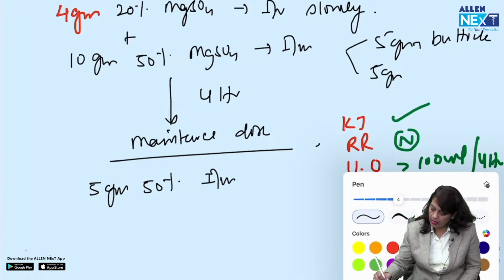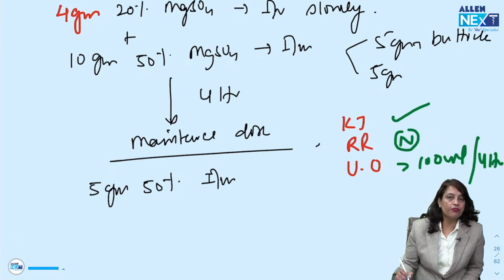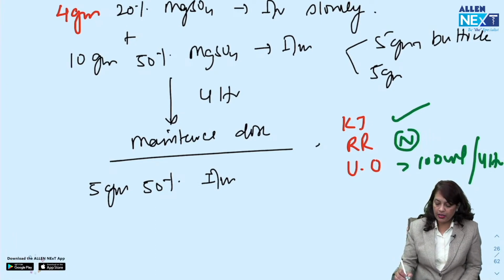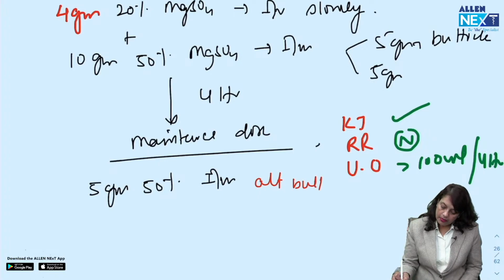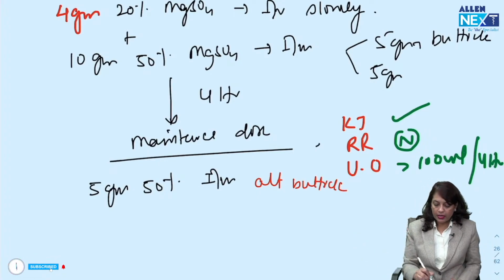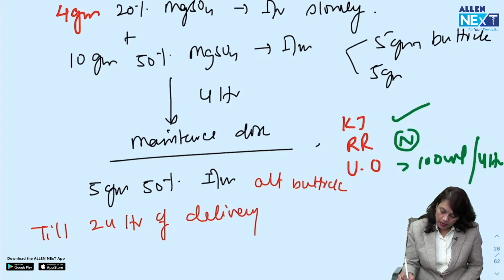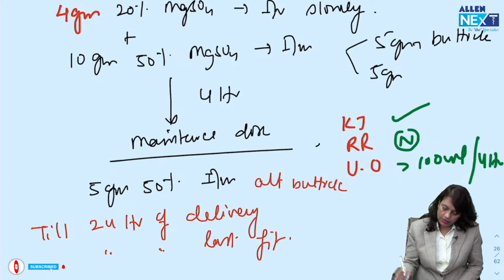If every parameter is all right, you give 5 gram of 50% magnesium sulfate in alternate buttocks. This time right, next 4 hours left, then right, then left. Till how long? Till 24 hours of delivery or 24 hours of last convulsion.